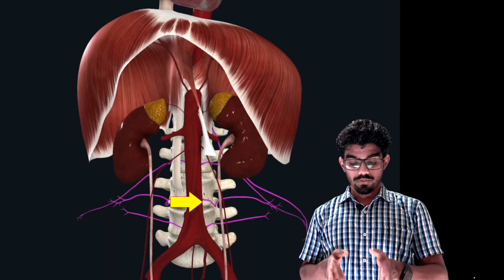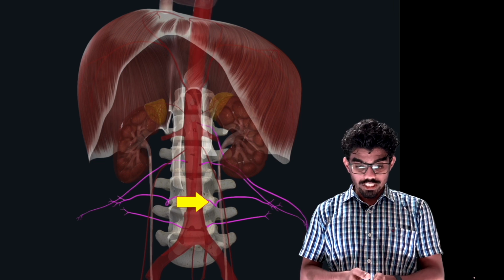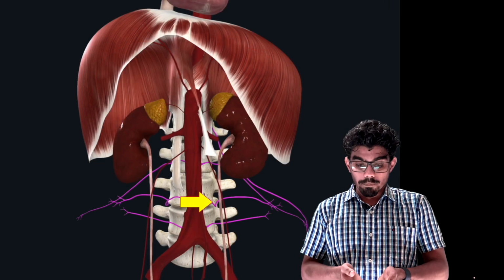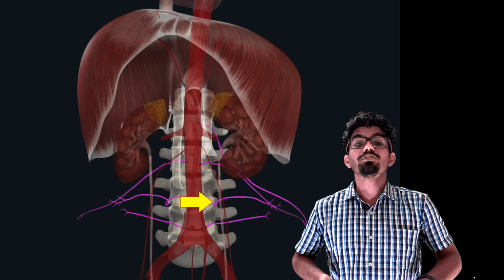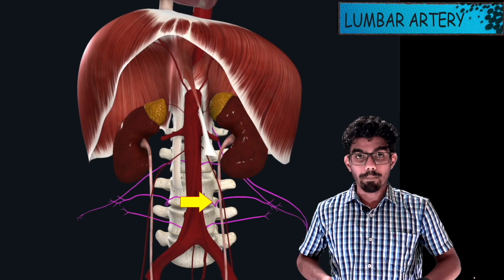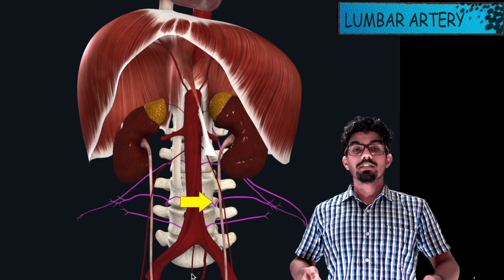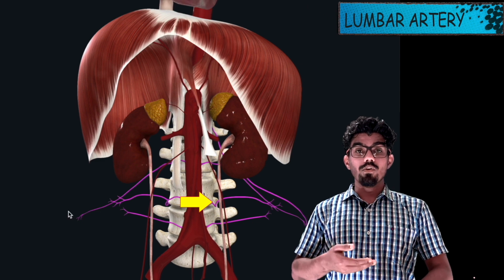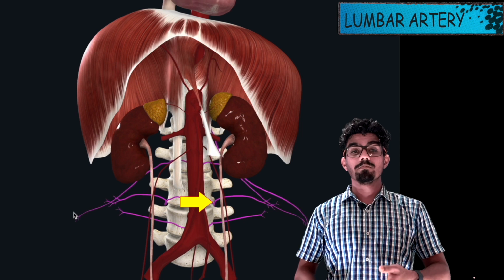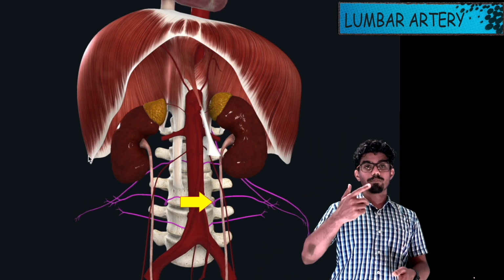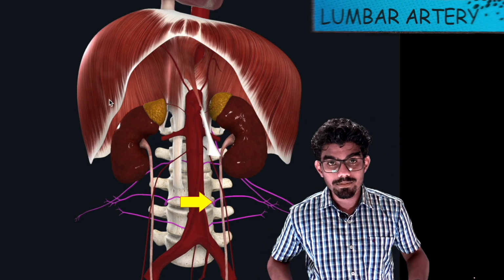The one which arises posteriorly and supplies the vertebra present posterior to the aorta, the lumbar vertebra mainly. These are the lumbar arteries. There are four lumbar arteries at L1 to L4 level. Clear? So the first posterior branch category is your lumbar arteries.